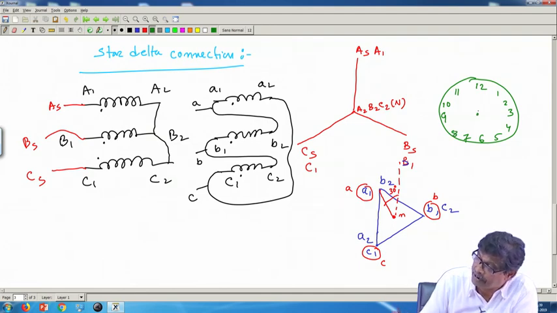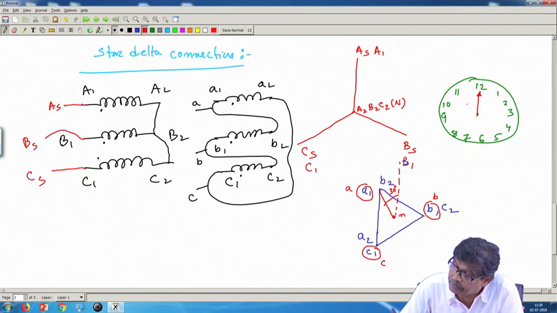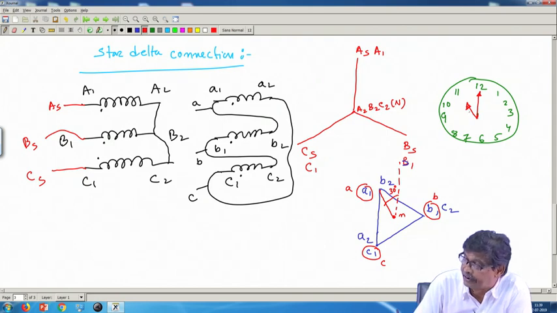So, primary voltage with the minute hand I will always show. So, that was this, and secondary voltage with respect to same A phase voltage with respect to neutral is now ahead of this. So, it must be shown here, our end, this is the secondary voltage and this is 30 degree.